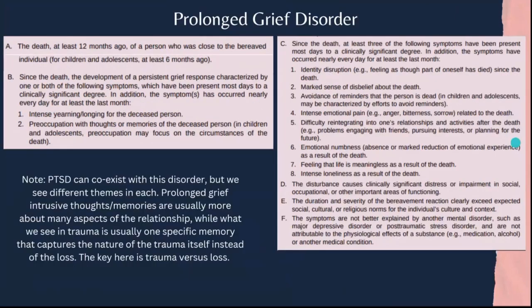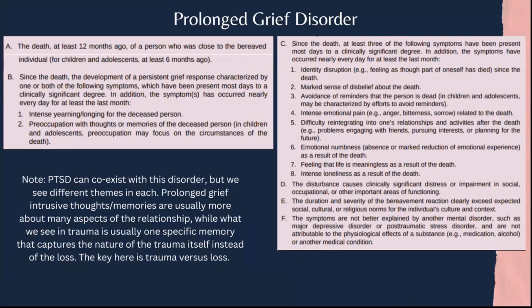Okay. Prolonged grief disorder. What I was stumbling over in the last slide was that the death had to have occurred at least 12 months ago, and it had to be not just a famous person, but somebody actually close to the bereaving individual. The difference we would see in children or adolescents is that the death had to have occurred at least 6 months ago.